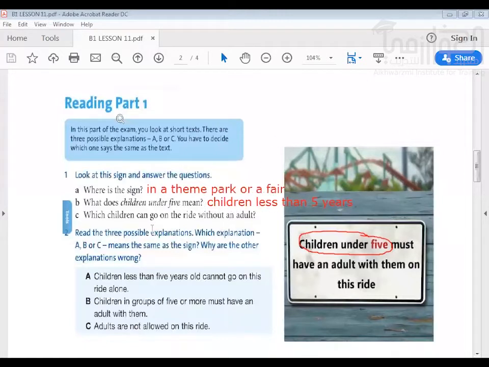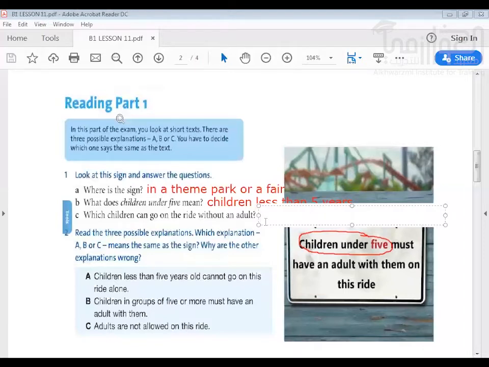Now, which children can go on the ride without an adult? Here it says children under 5 must have an adult with them. So it means those who are above 5 can go on the ride without an adult.